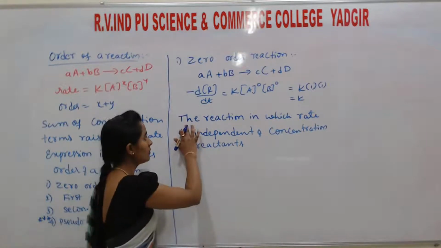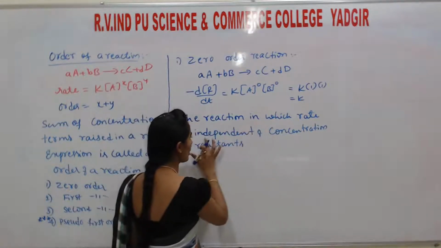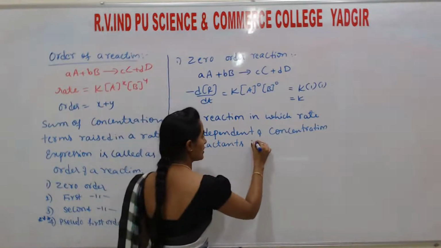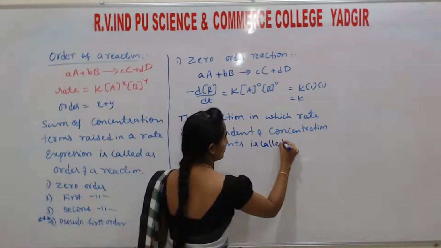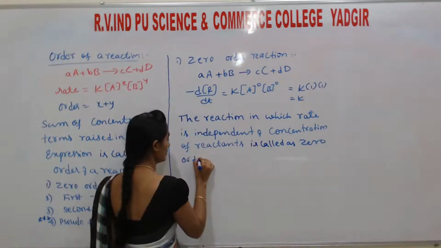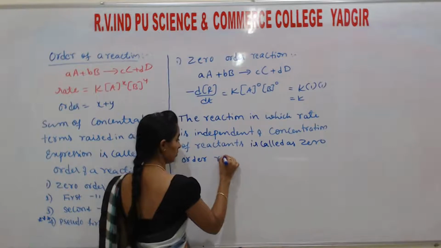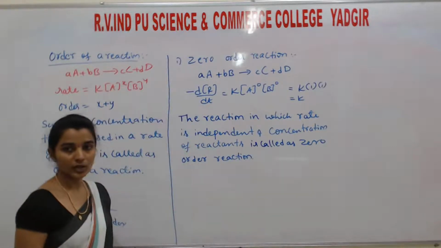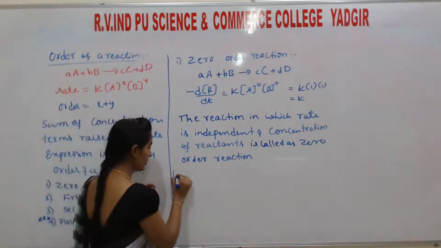So what is zero order? The reaction in which the rate is independent of the concentration of reactants is called a zero order reaction.